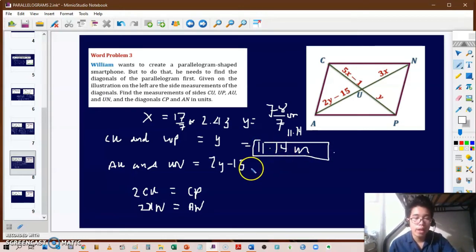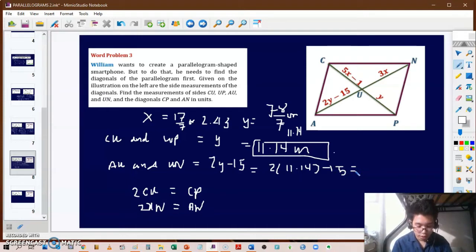And AU and UN will measure 2 times 11.14 minus 15, because that's 2y minus 15. That gives you 7.28, so AU and UN measure 7.28 meters.